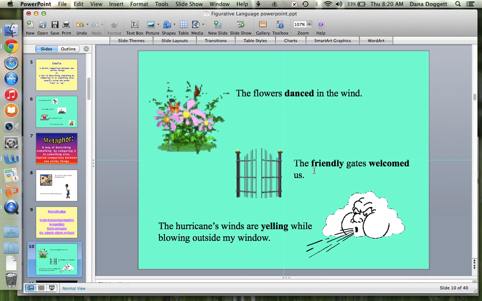Another example, the friendly gates welcomed us. They can't actually welcome you, they can't actually be friendly, but we're saying the gates in whatever piece of literature appeared to be friendly, they appeared to be welcoming us. The hurricane's winds are yelling while blowing outside my window.